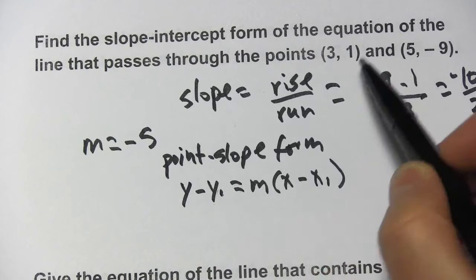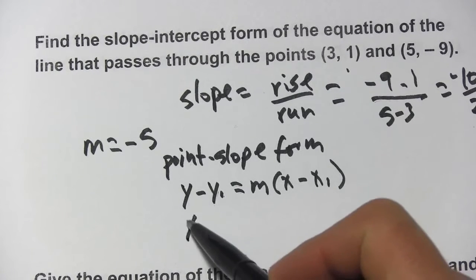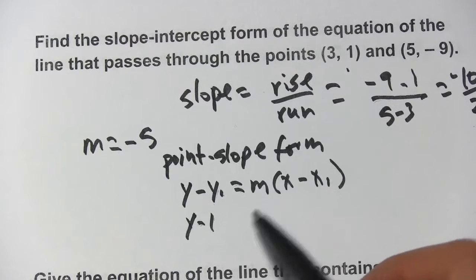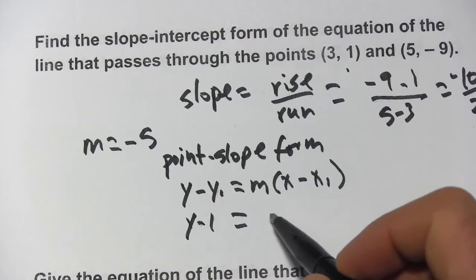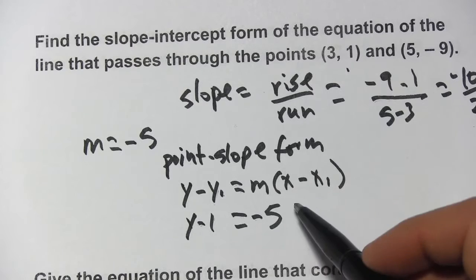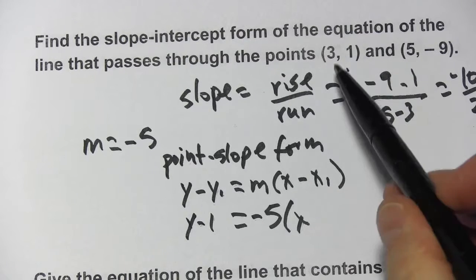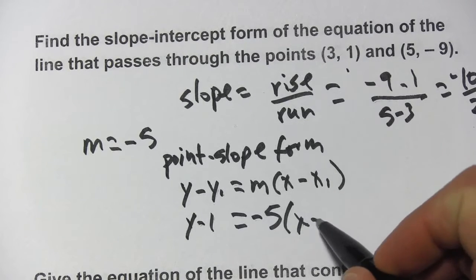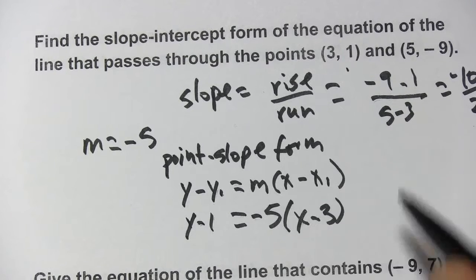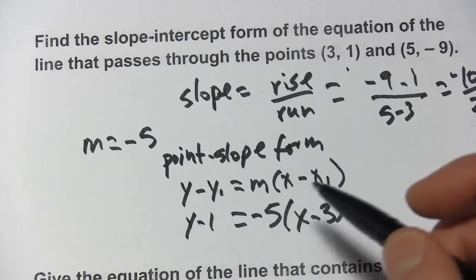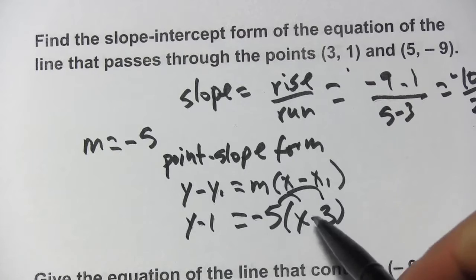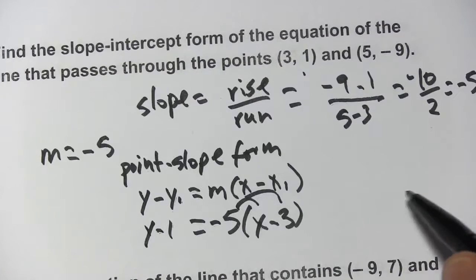So y minus the y-coordinate of our point would be y minus 1. M, that's our slope, that's negative 5. And then we have x minus x1, that's our x-coordinate, so minus 3. Okay, we've got all the numbers in. I guess what we need to do is distribute this 5. So negative 5 times x is negative 5x.